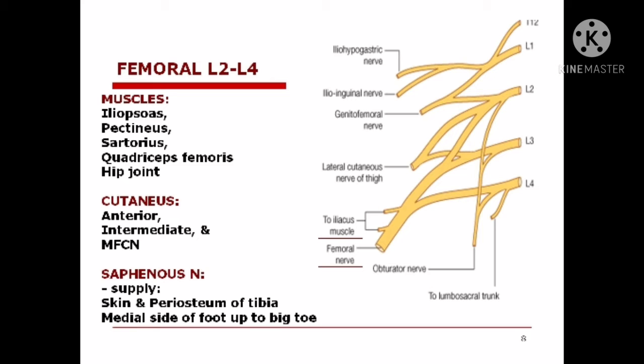And after passing through the adductor canal, the femoral nerve becomes a sensory nerve, and it supplies the skin over the medial aspect of the leg and the periosteum of the tibia and the medial side of the foot up to the big toe.